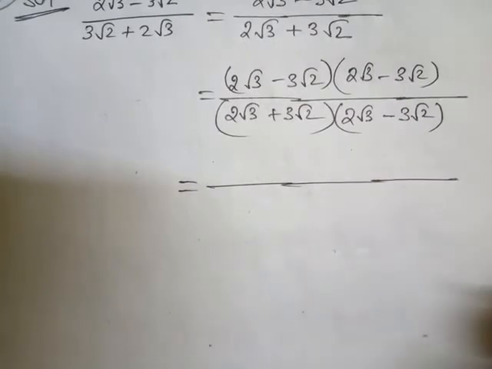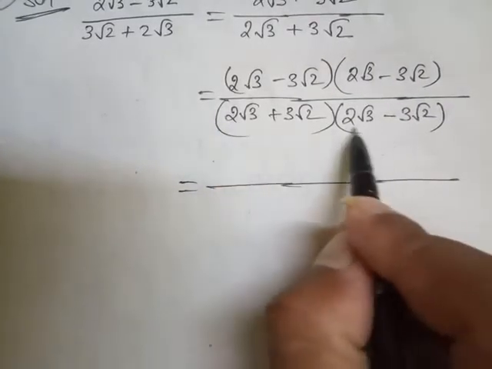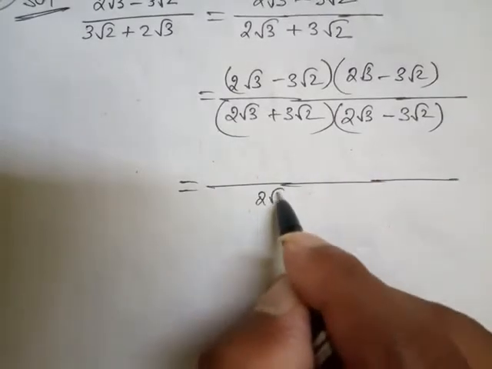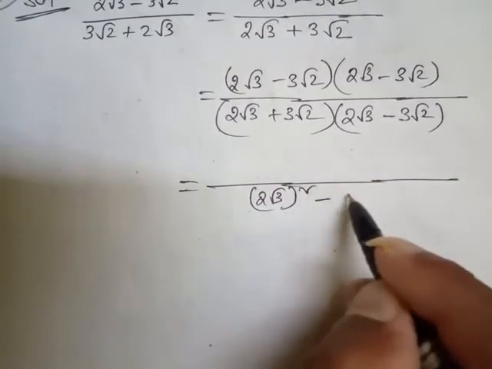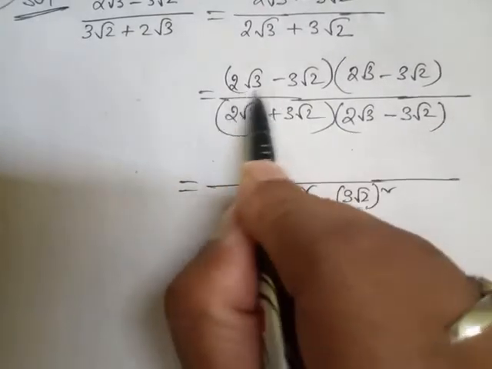Now take 2 root 3 as a, so (a plus b)(a minus b) means a square minus b square. Now here it is a minus b whole square.